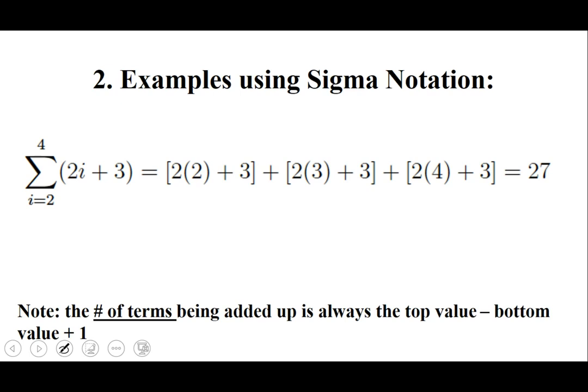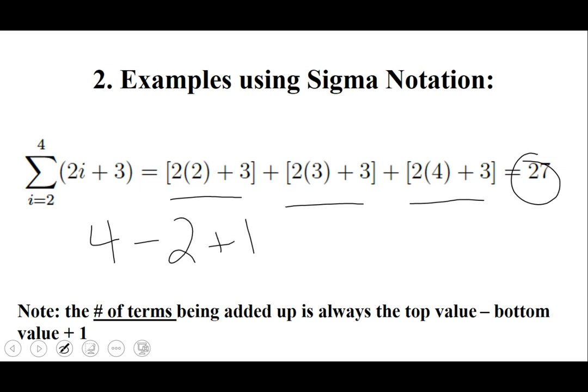So here's another example. You're being asked to add up all the values from 2 to 4 for 2i plus 3. So here's what you get when you plug in 2, when you plug in 3, and when you plug in 4. If you calculate each of those values and then add them up, you're going to get a total sum of 27. Again, you're going from 2 to 4. So if you wanted to be sure about the number of terms that you're adding up, it's always the top number minus the bottom number plus 1.